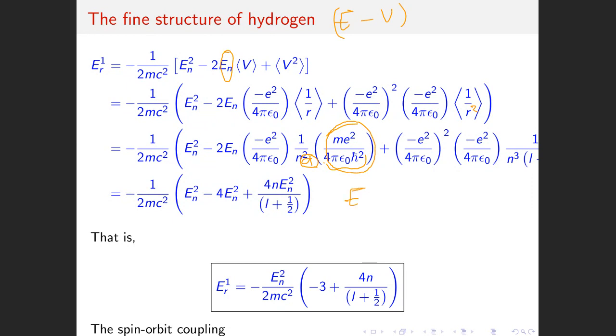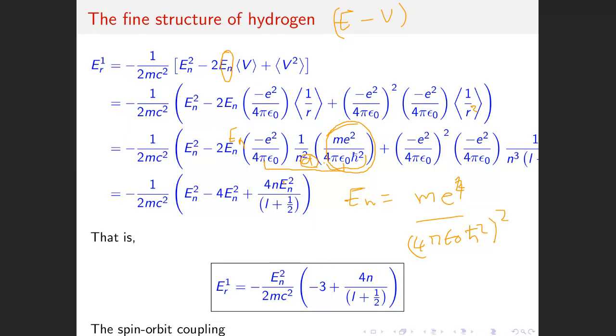Then you make use of the fact that En, if I get my things correctly, En is given by e squared over 4π ε₀ ħ squared, right? So 4π ε₀ with an ħ squared, e squared. This gives you another extra factor of En, right? Similarly, for the other terms, if you simplify everything, you get En squared.